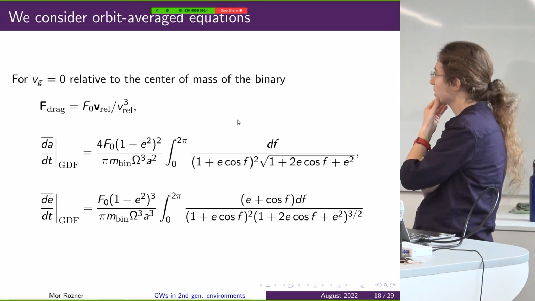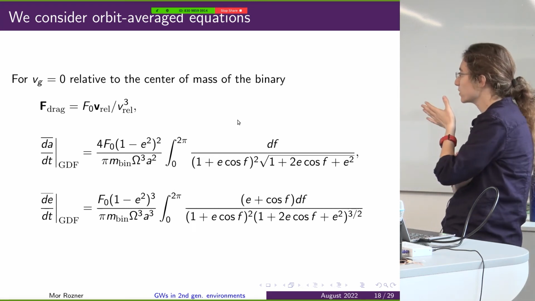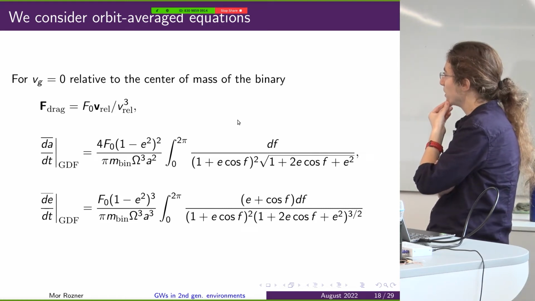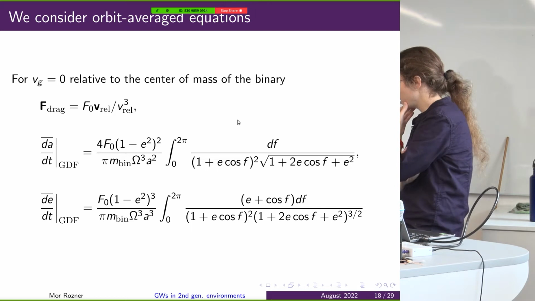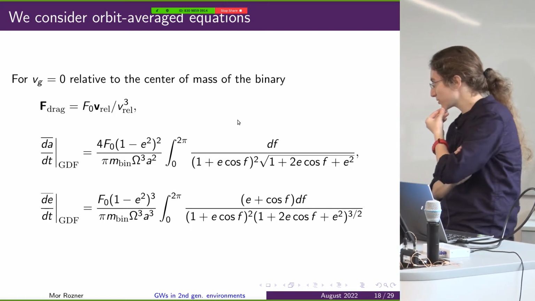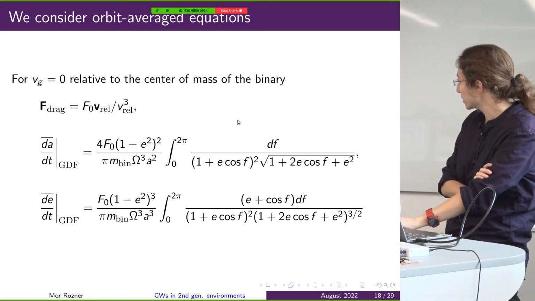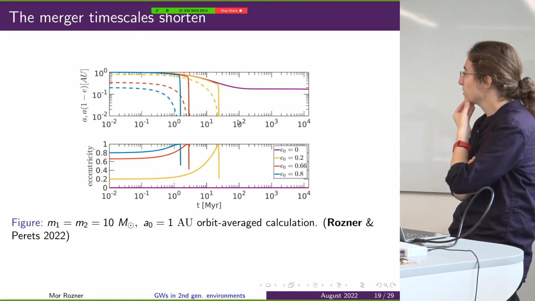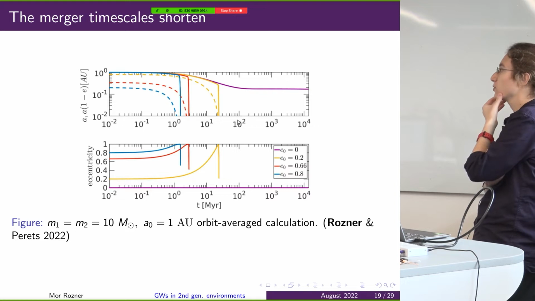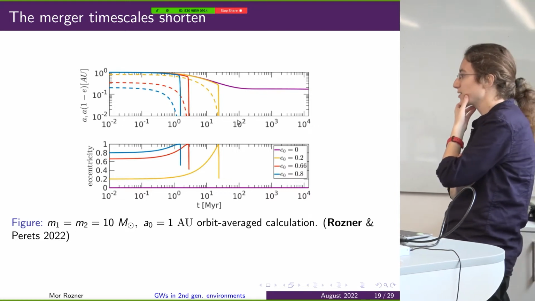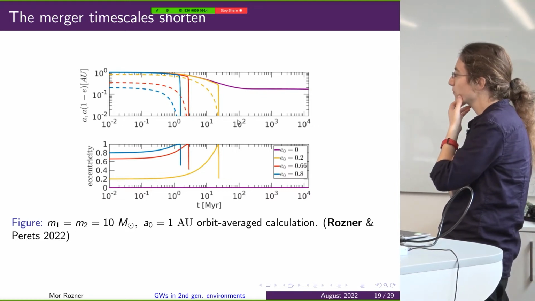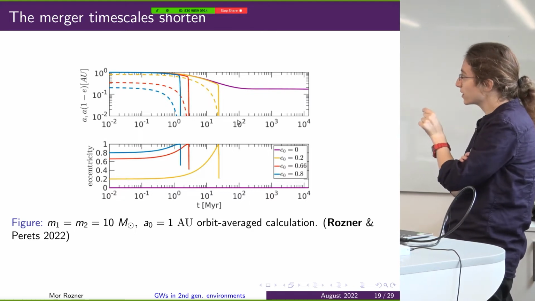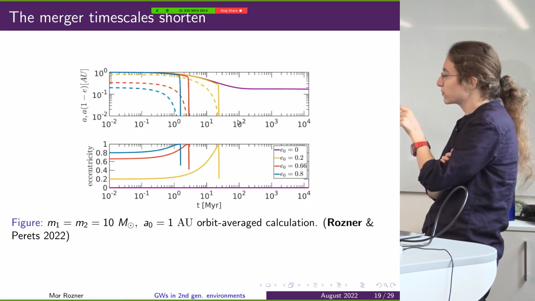We went back to our equations and plugged in an eccentric orbit rather than the circular one. And we had those disgusting equations, which I will scroll over very fast so you won't kill me. And we had some merger timescales which would be much shorter, because you should think that you have a very small pericenter at which you will be able to emit gravitational waves, and it happens in a shorter time scale.